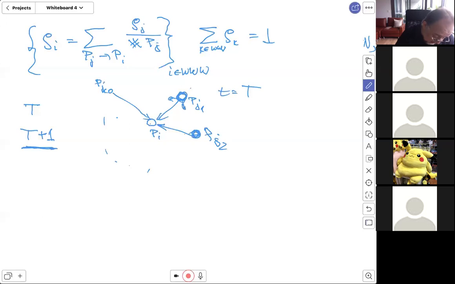So if we denote the probability, let's use another letter, let us use pi for probability. So what is the probability?